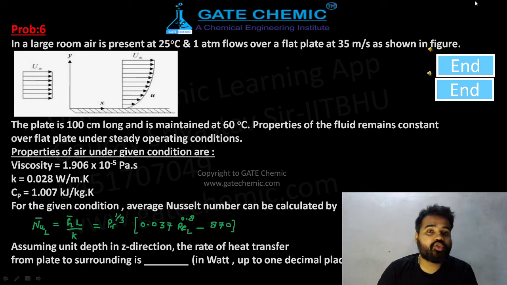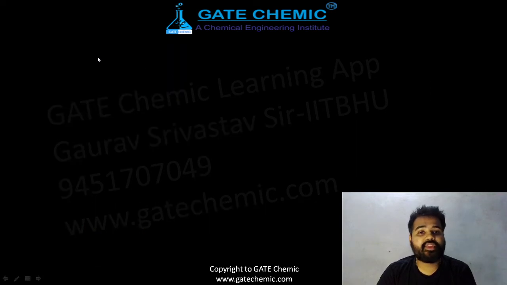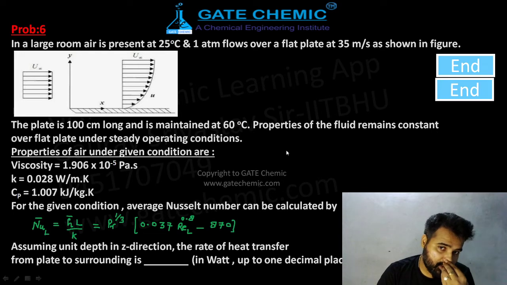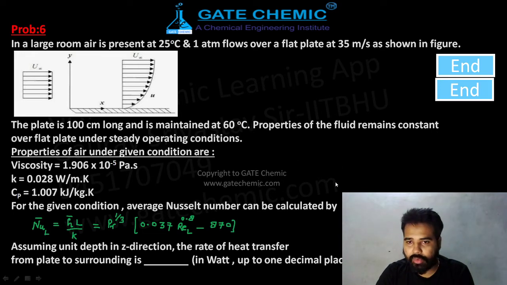Okay beta, so now please pay attention here. I am solving it. This is another beautiful and easy problem. In a large room, air at 25 degrees Celsius and 1 atmospheric pressure flows over a flat plate at 35 meter per second, as shown in the figure.